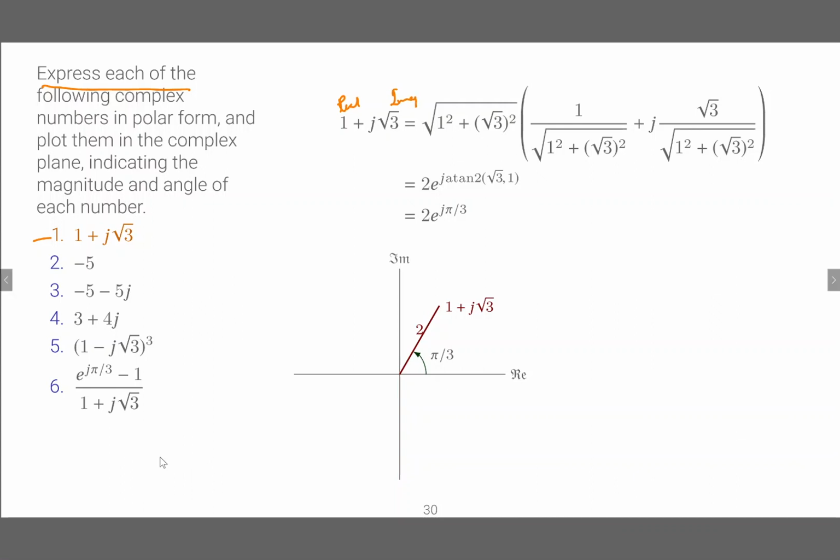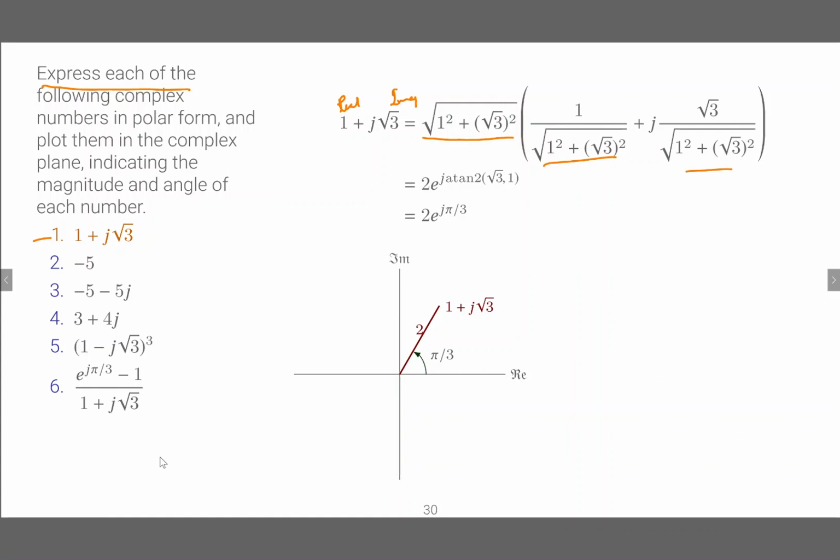So to get R naught, we have to square them and take the square root, and we divide each of them by that number so that we have numbers less than 1, which can be represented as the cosine of an angle and the sine of an angle. Okay, so that's this, and you can see the representation.